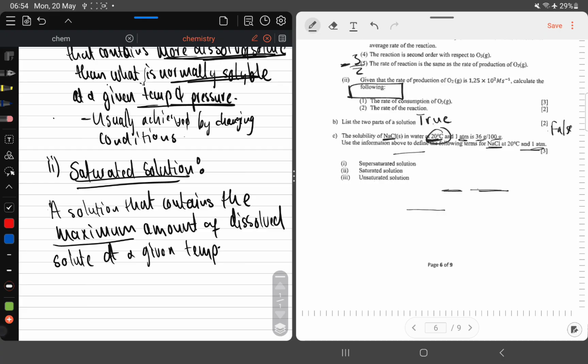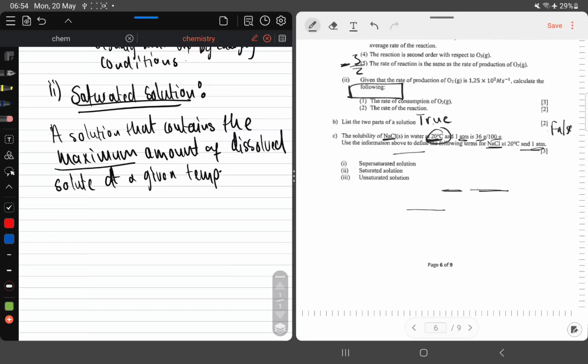All right, now that is it. And then unsaturated, it has less solid than the maximum for that given temperature. That's unsaturated, less than the maximum.